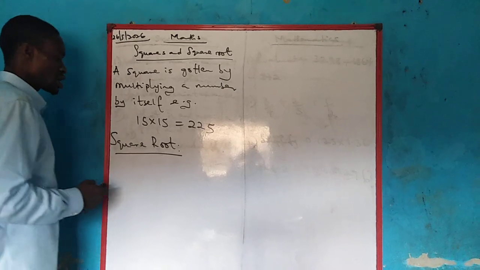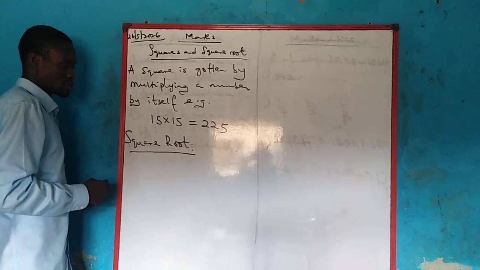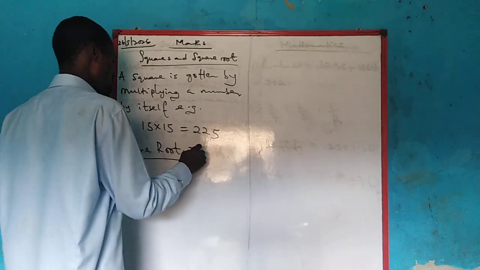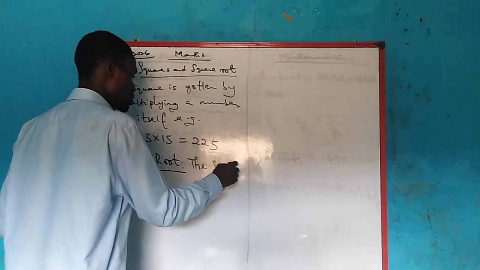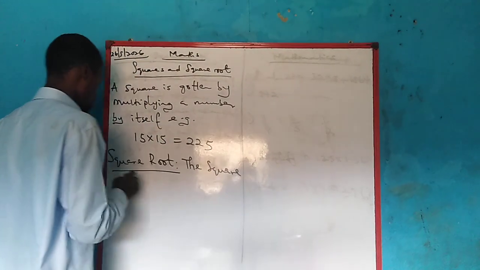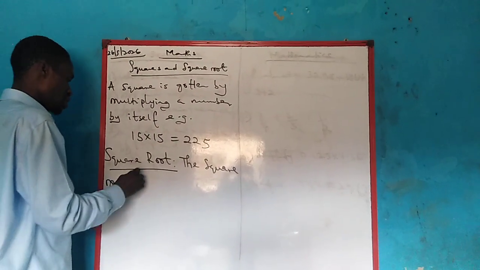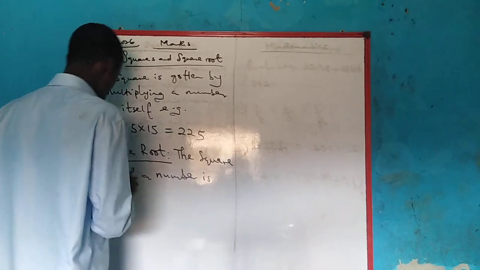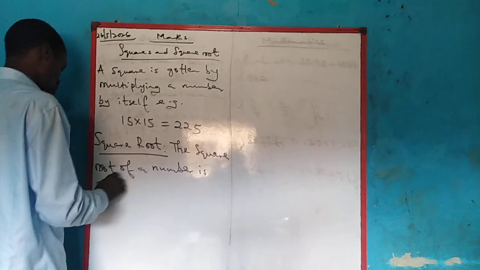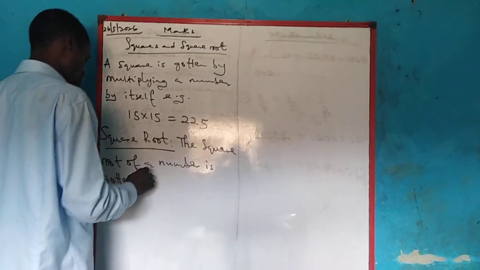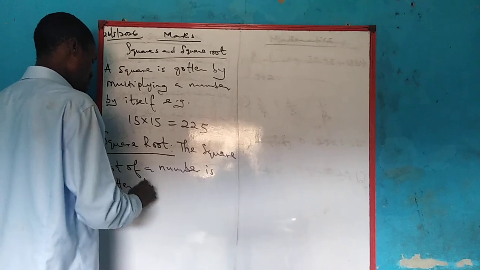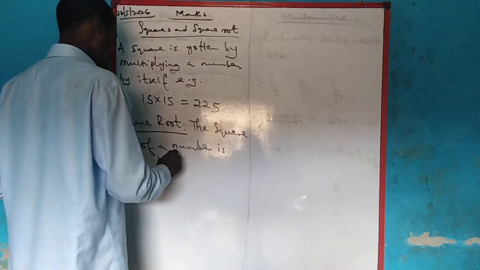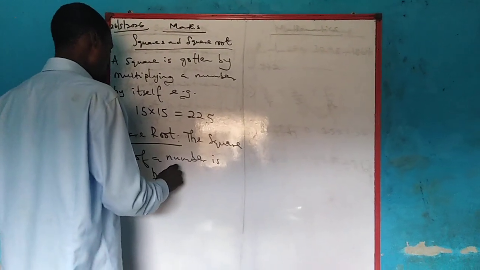What is a square root? Alright. So the square root of a number is gotten by squaring.